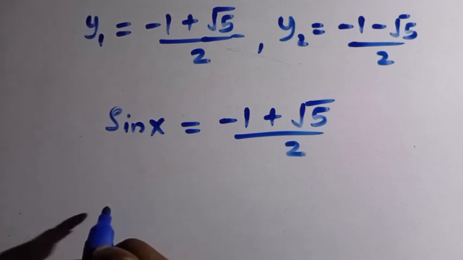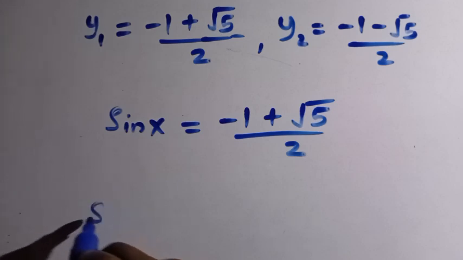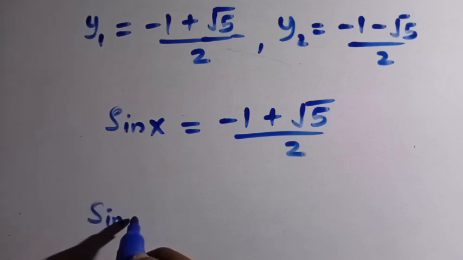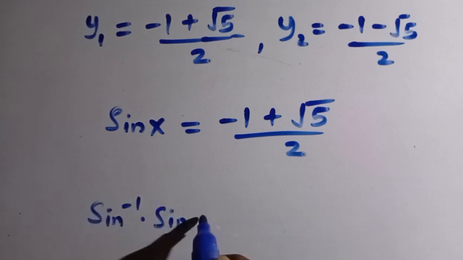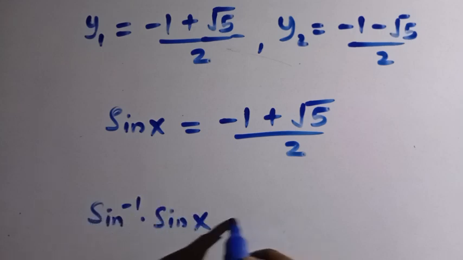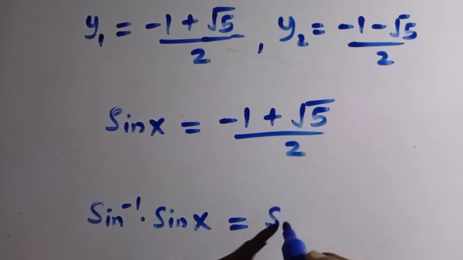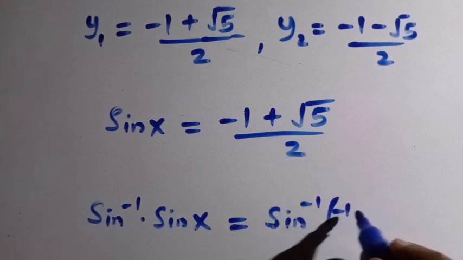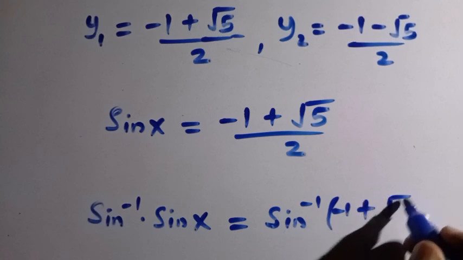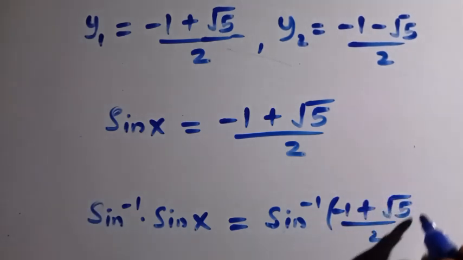So when we multiply this one by sine inverse, we have sine inverse multiplied by sine x equals sine inverse of minus 1 plus root 5 divided by 2.